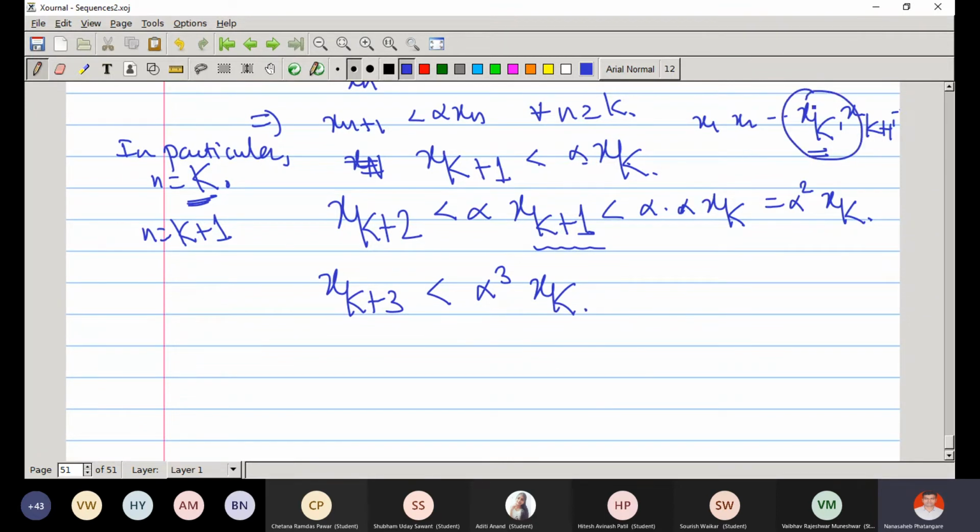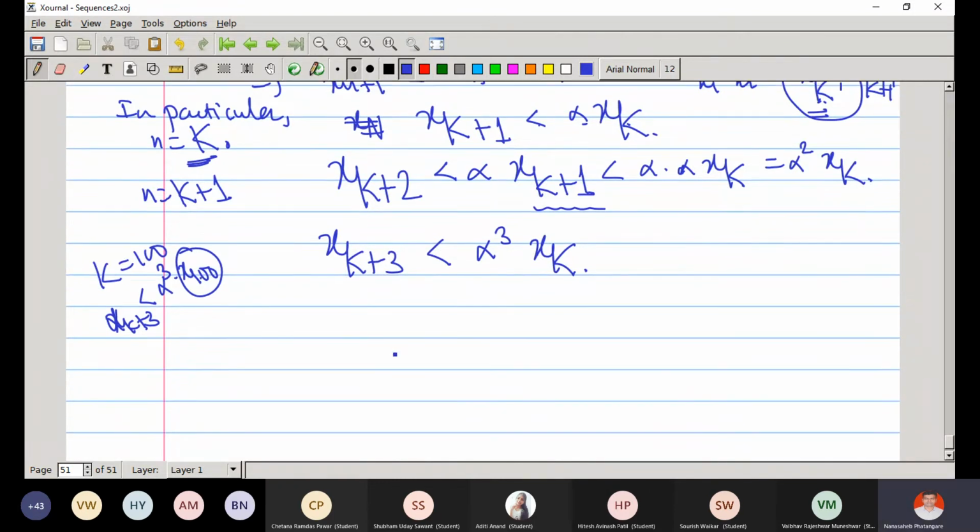This is a number now, because if you say the particular 100th term, suppose k is equal to 100, then xk plus 3 is less than alpha raised to 3 into x100. And this is a number because it is the 100th term. Do you understand?